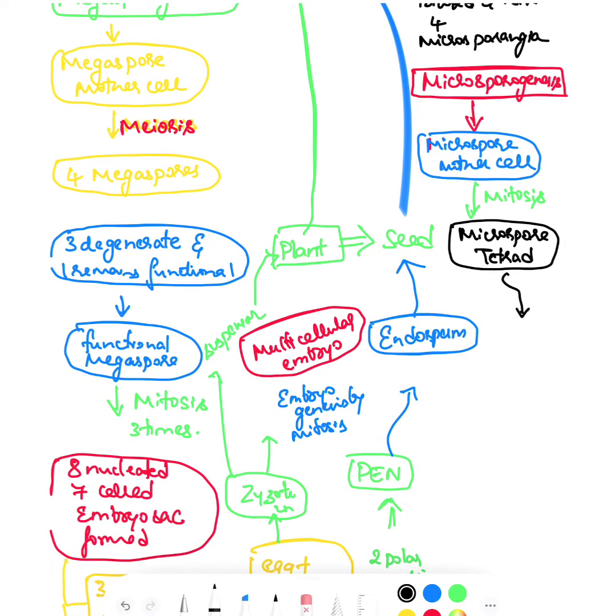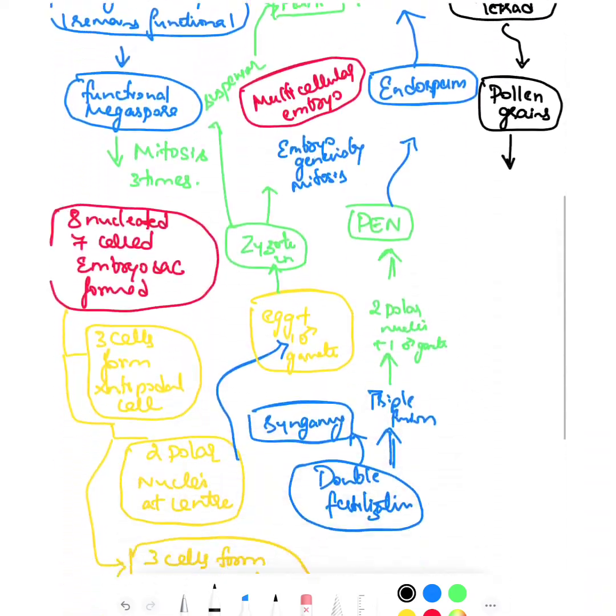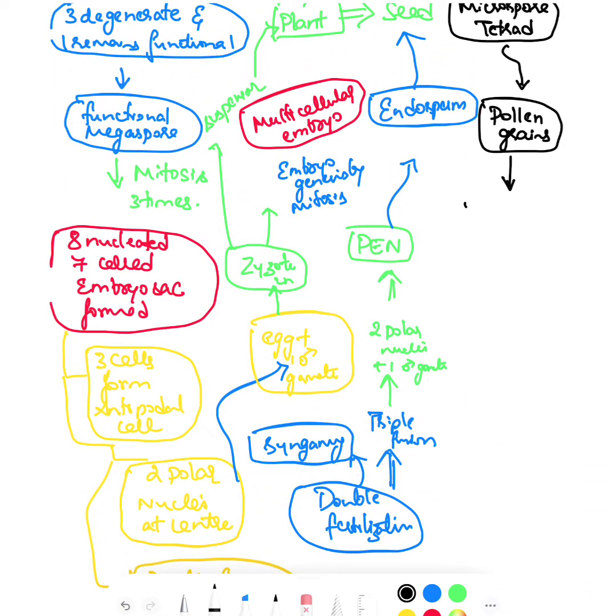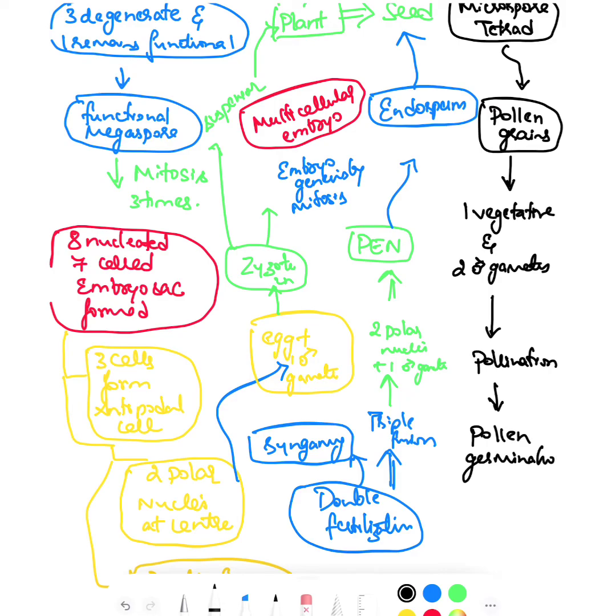This microspore tetrad will form pollen grains. This pollen grain will once again form one vegetative cell and 2 male gametes. Then it will undergo pollination and pollen germination.